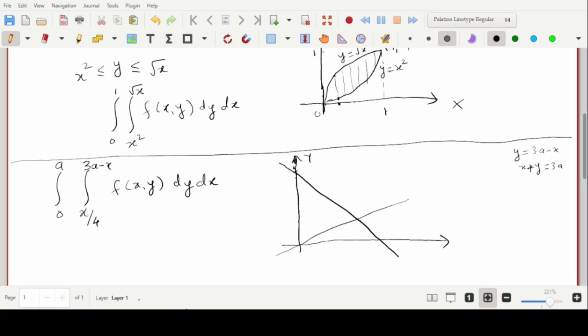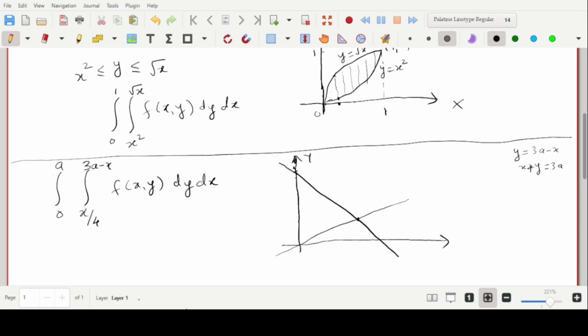So these two lines intersect at this point. We want y to vary from x over 4 and it is bounded above by this line 3a minus x. So it is this region between which y is allowed to vary. But is this the triangle over which we are integrating?